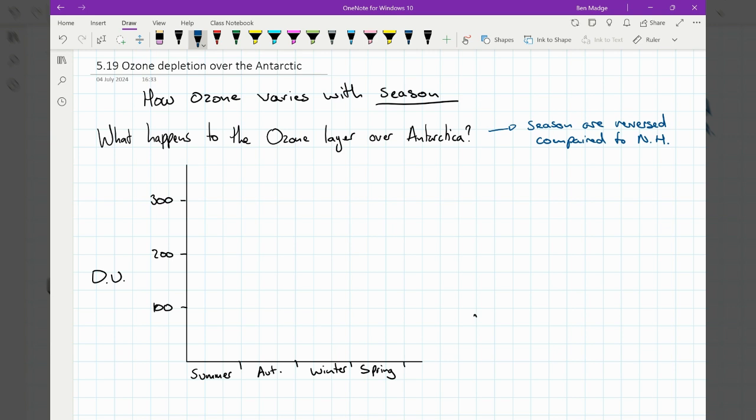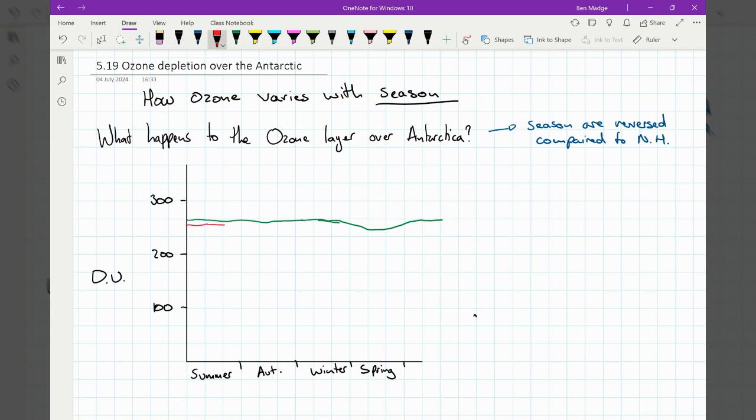Okay, so normally what we see is the ozone layer is reasonably constant until the spring when there's a bit of a dip and then it carries on. Okay, what we've noticed since sort of the 70s, 80s is a much more dramatic change.